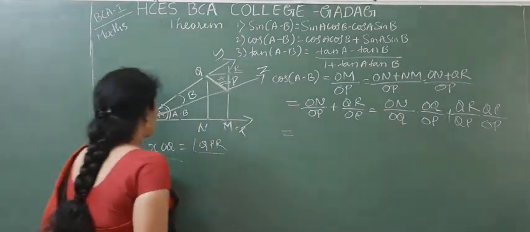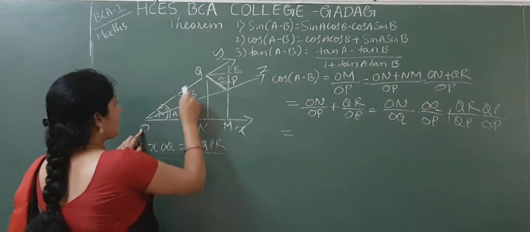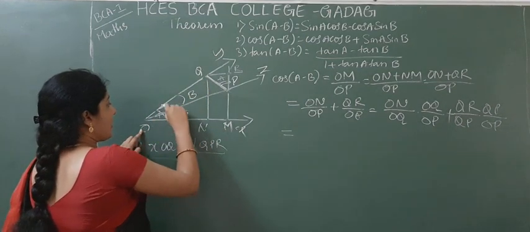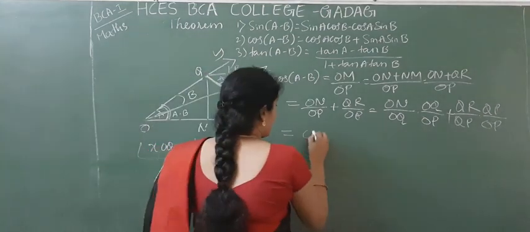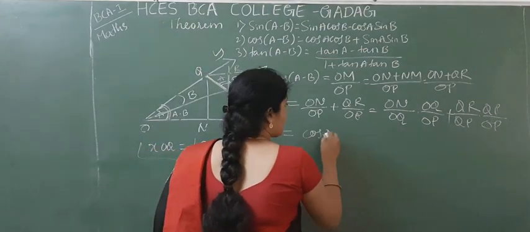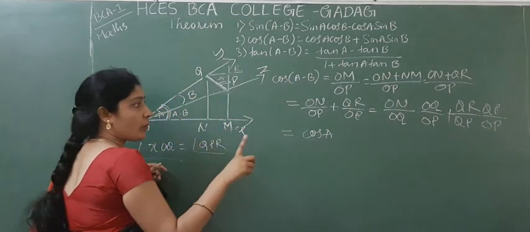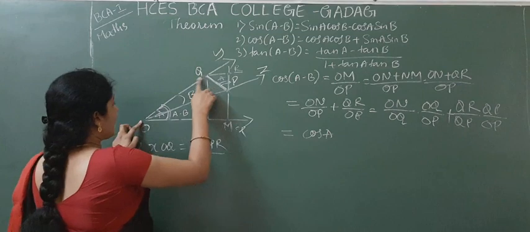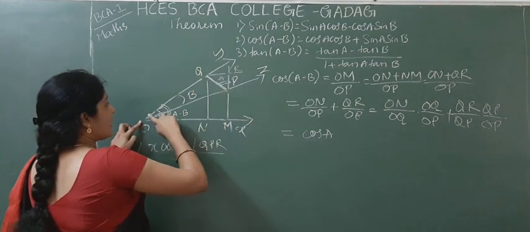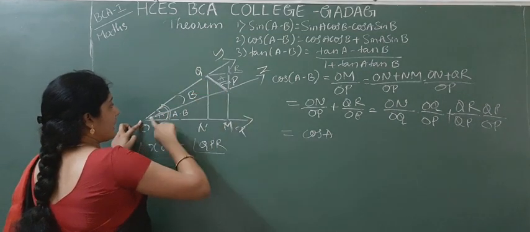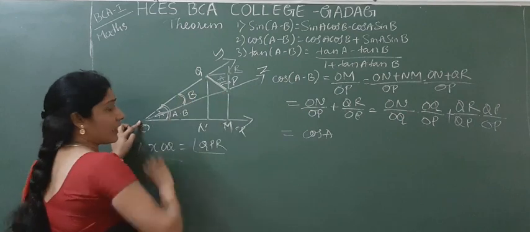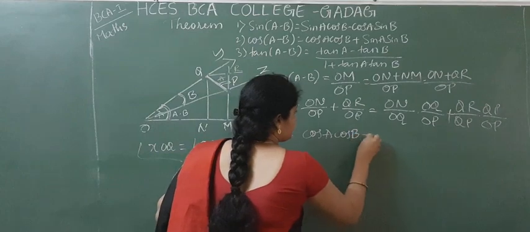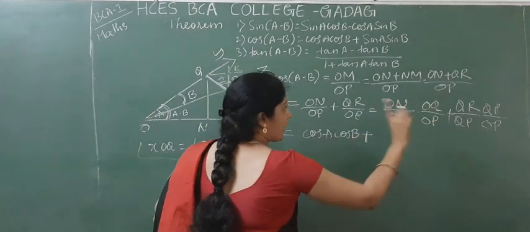Now let us see ON by OQ. ON divided by OQ means adjacent by hypotenuse of which angle? Cos angle. Therefore it is cos A. Okay. Next, OQ by OP. OQ divided by OP means, see, this is adjacent divided by hypotenuse of angle B. Hence it is cos B. Plus QR by QP.